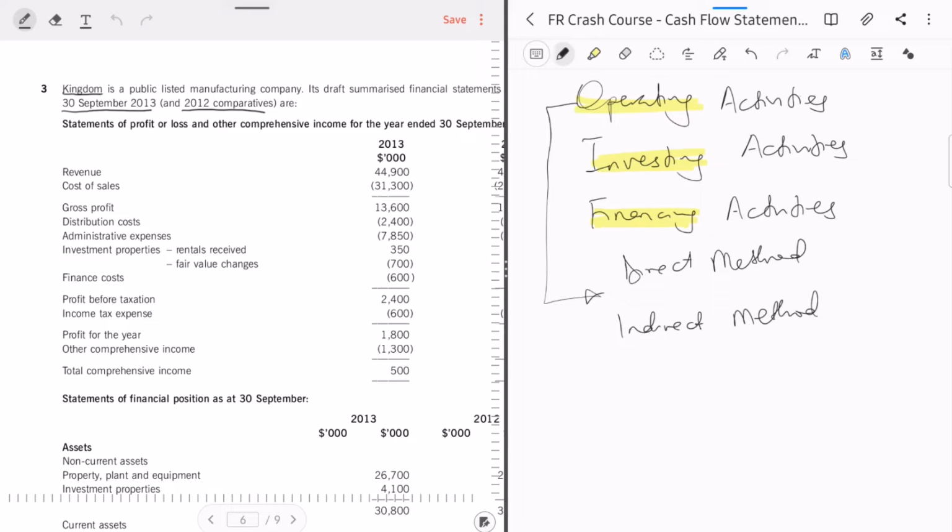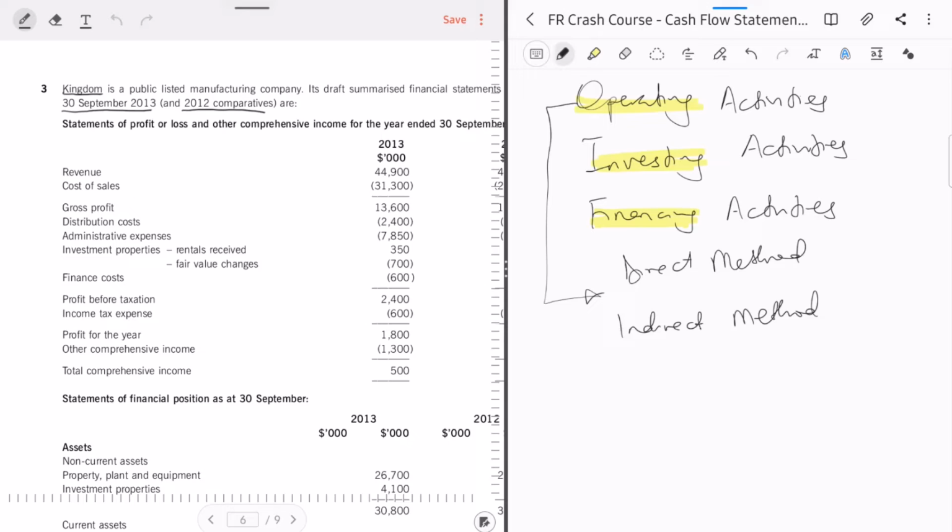Your real cash flows will be what goes into operating activities. That's actual cash flows, right? That'll be the direct method. For the indirect method, we start with profit before tax and we adjust for non-cash items to arrive at something that is close enough to cash. We take out our working capital adjustment and then we take out our interest, our tax, and in some cases dividends paid, and that will give us our cash flow from operating activity.